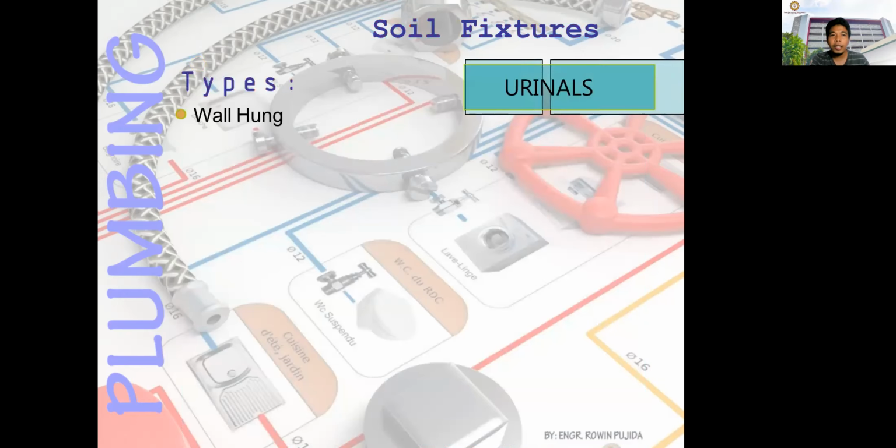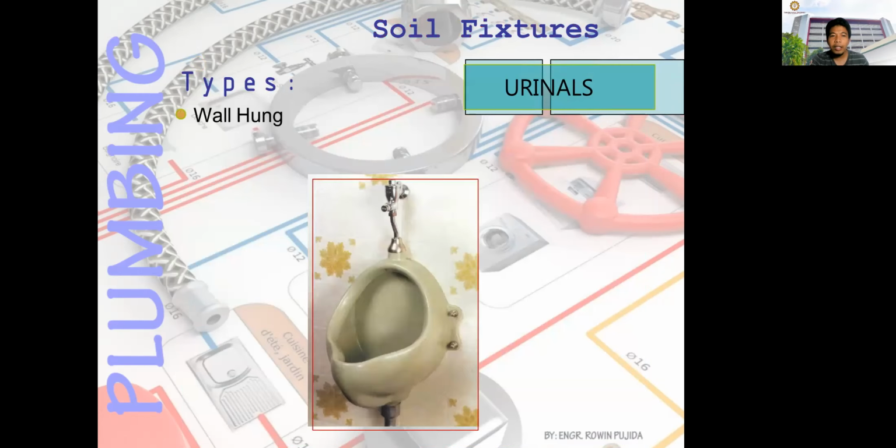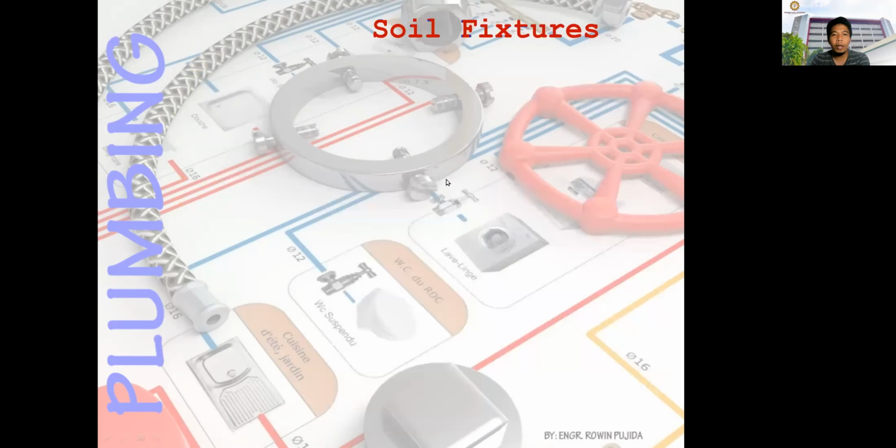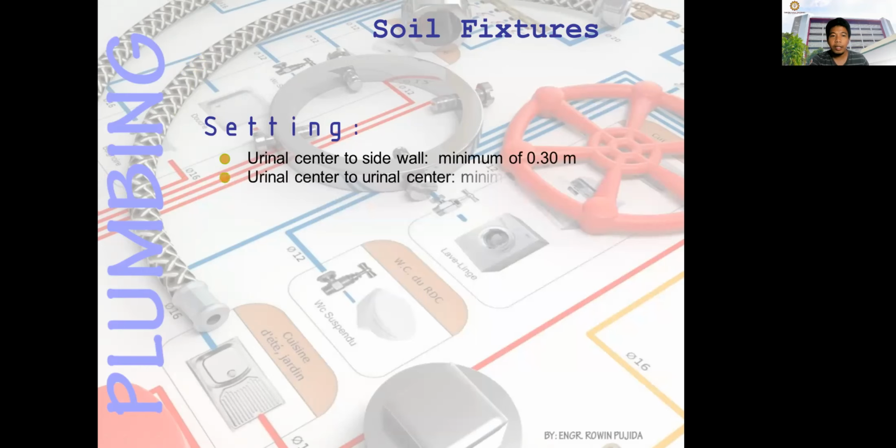Okay, next we have the urinals. For the types of urinals, you have the wall hang, the pedestal, then the trough and stall. Okay, so in setting for urinals, urinal center to wall should have at least a minimum distance of 0.3 meters.